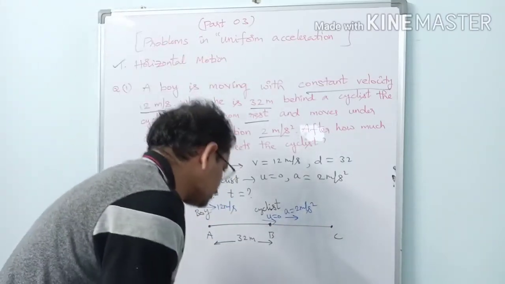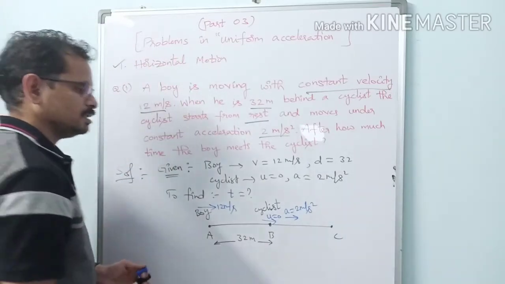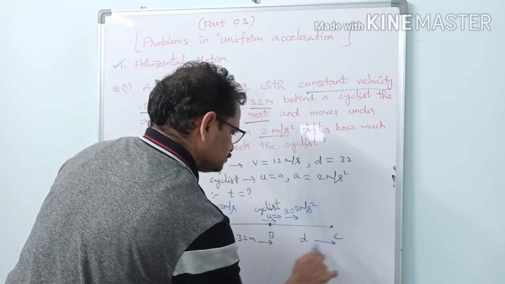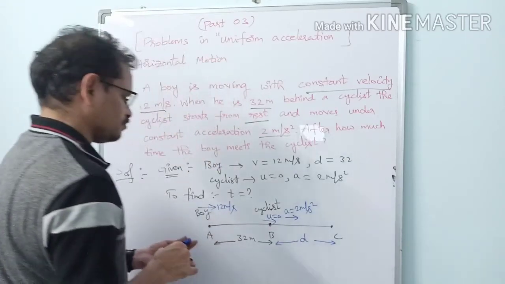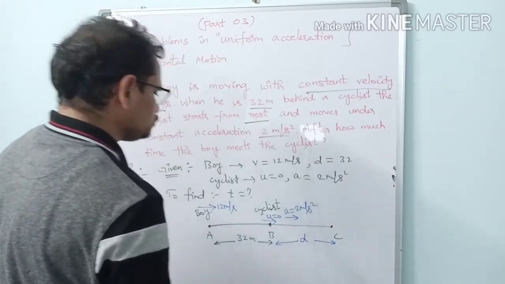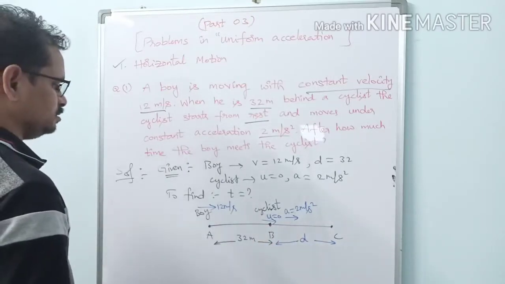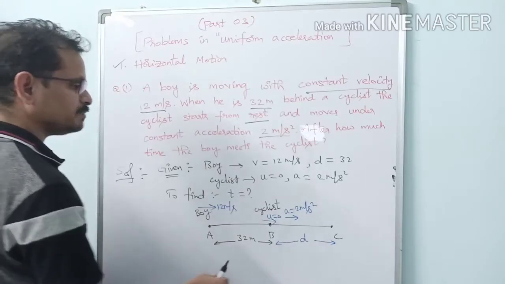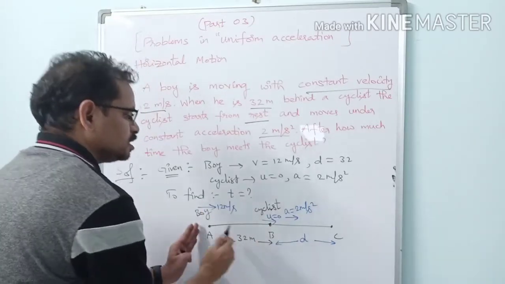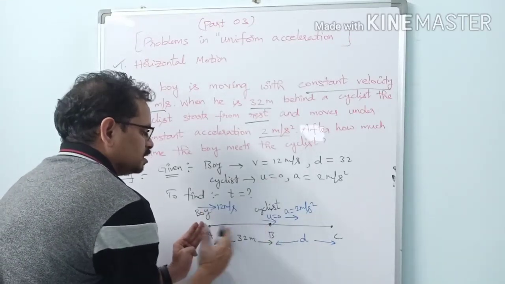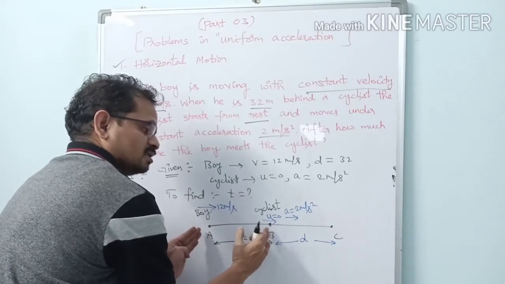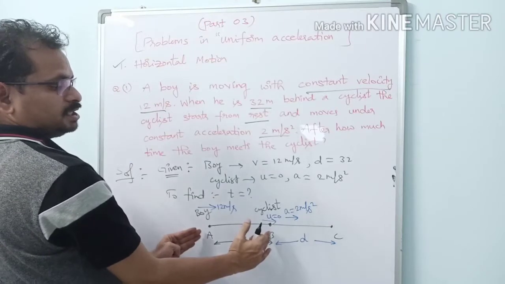Let us suppose that this distance is some d. After how much time does the boy meet the cyclist? The boy's initial point is A and the cyclist's initial point is B, and both of them start the journey simultaneously.